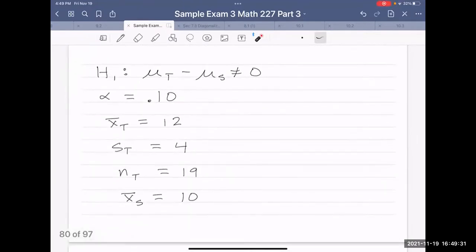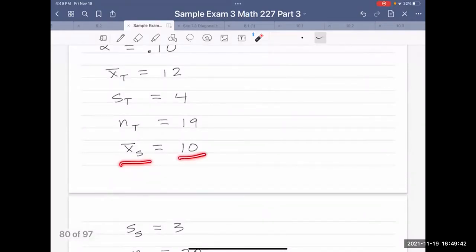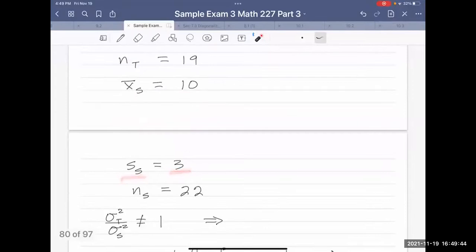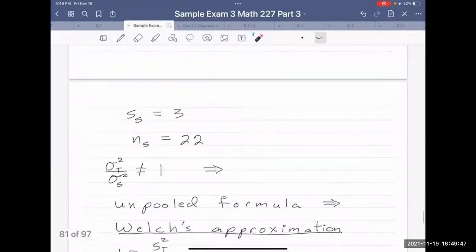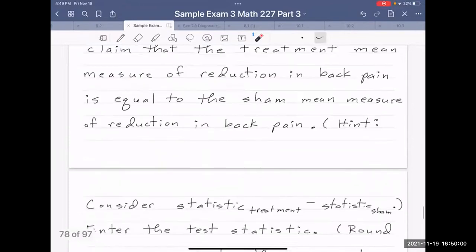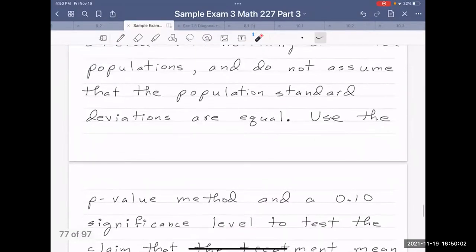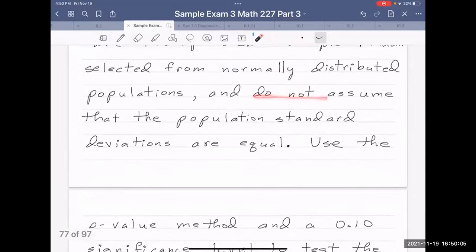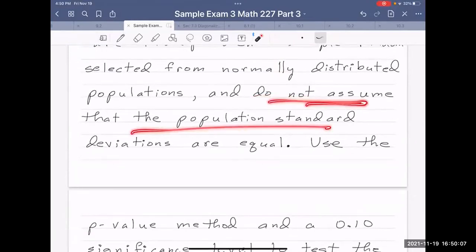So let me just rewrite what we had from before. For treatment, the average 12, standard deviation 4, sample size 19. For sham, average 10, standard deviation 3, sample size 22. We're assuming that the variances for treatment and for the sham are not the same, because it said to not assume that they are equal.